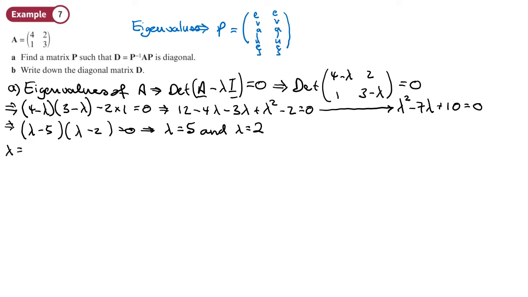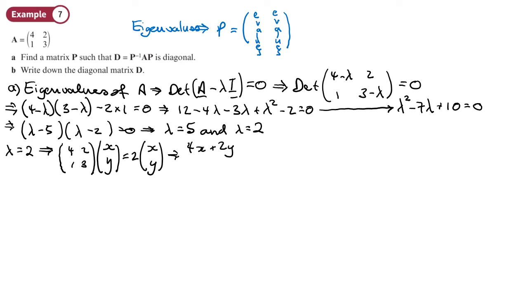Right, let's start with the eigenvalue of 2 and use that to work out what the eigenvector is. So that's going to be the matrix 4, 2, 1, 3 times this vector x, y, that's going to get scaled to 2 times x, y. So let's write out our equations. Top row: 4x plus 2y equals 2x. Bottom row will give us x plus 3y equals 2y.